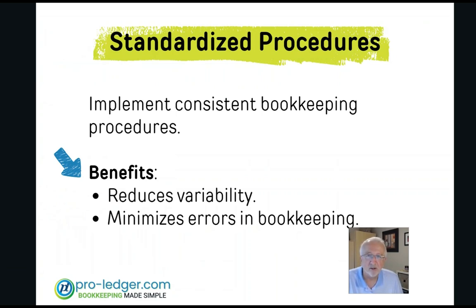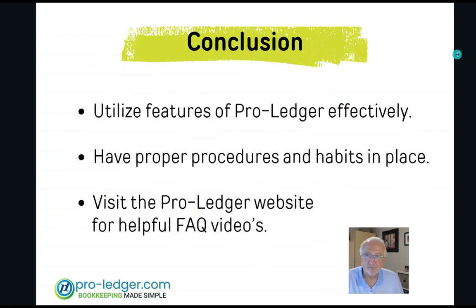Make notes for yourself and have consistent procedures, and say, okay, once a month I'm going to reconcile, and once a week I'm going to make sure I catch up with my bookkeeping. And if you do that as a habit, it'll make things much better for you in terms of errors, because if you wait 6 months to do your bookkeeping, you're going to forget what some of those receipts actually were and that sort of thing. So have some standardized procedures that you follow.